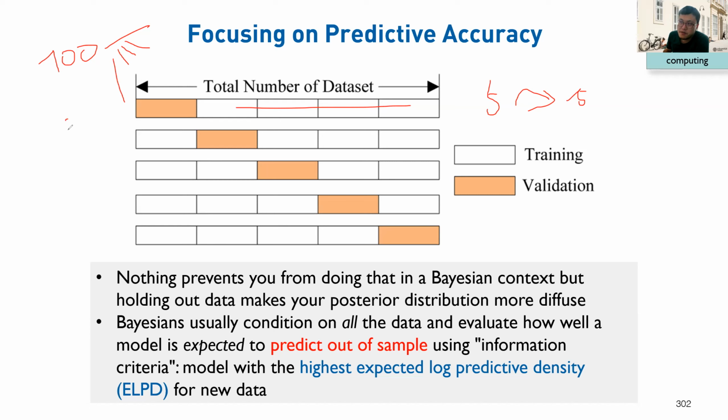Why can't we partition the data into 20 parts, each with 5 data points? And why don't we say each data point is a category on its own, so we use the data from 1 to 99 to predict the 100th? We can do all of that. All of them are arbitrary.